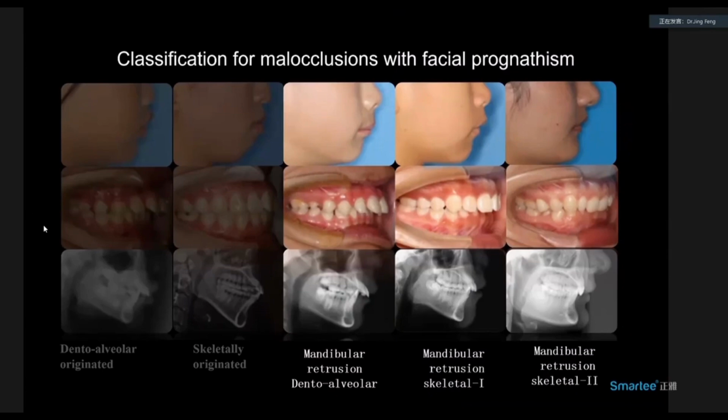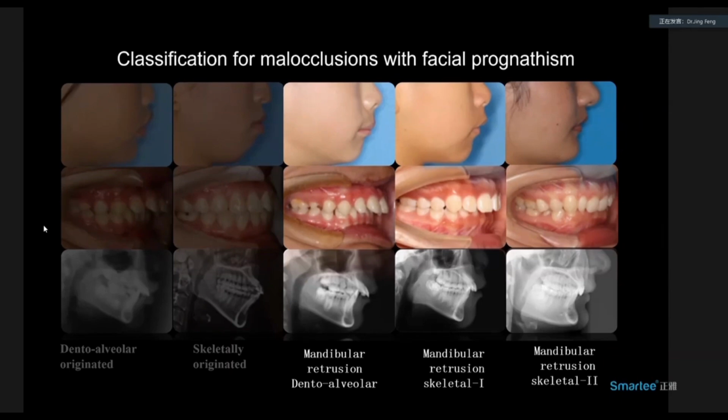Okay, here are 5 categories, and today my lecture will concentrate on the highlighted 3 ones. They all have some common things, but most importantly is mandible position.